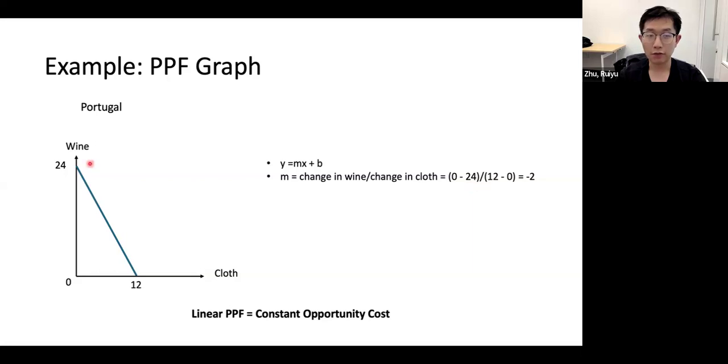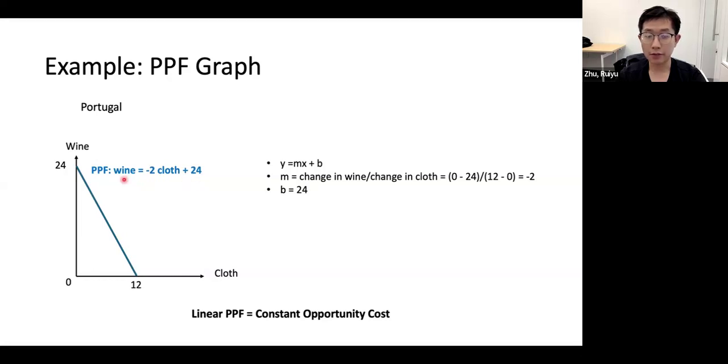Similarly, going from this point to this point, the value of cloth changes from 0 to 12, so the change in cloth is 12 minus 0. So the slope is -2. And the intercept is 24, because that's the value when cloth equals 0. So that's the equation for the PPF: y equals -2 cloth plus 24.